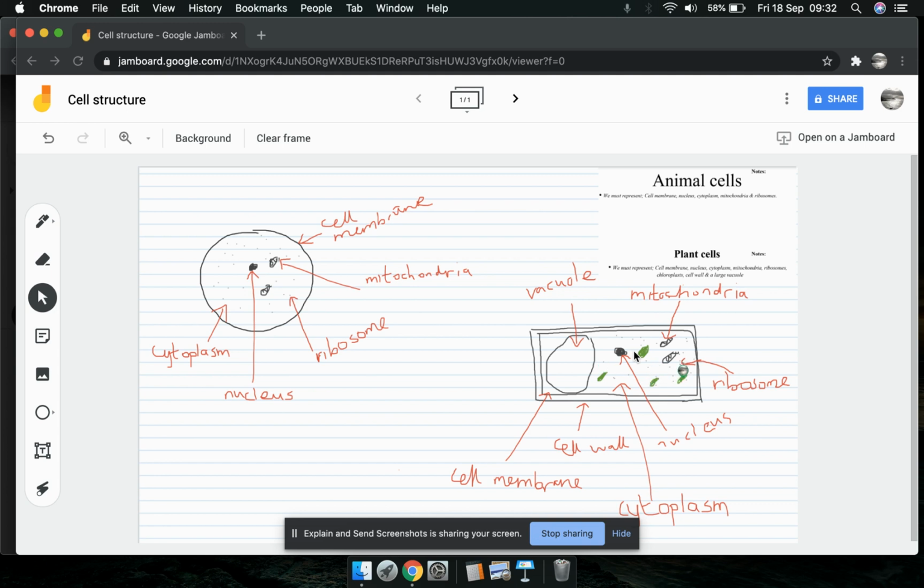There tends to be a lot of them, and they are there for photosynthesis. They contain a pigment. A pigment is like a color, and that color is green. That pigment is chlorophyll, and chlorophyll is essential in photosynthesis. So chloroplasts contain chlorophyll.